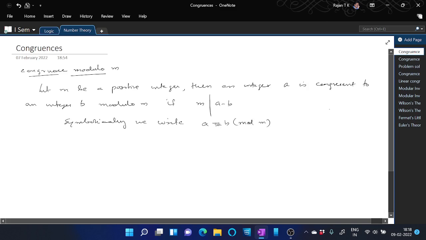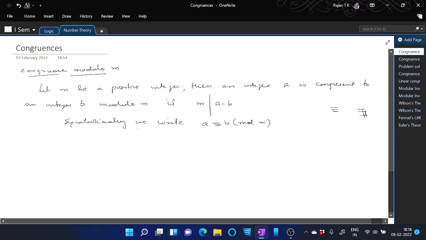So these three lines denote the congruent relation. Actually, it is derived from the symbol equal to, because this congruent relation and equality relation are somewhat related. So maybe because of that, this symbol for congruency is derived from the symbol equal to, by putting one more line there.